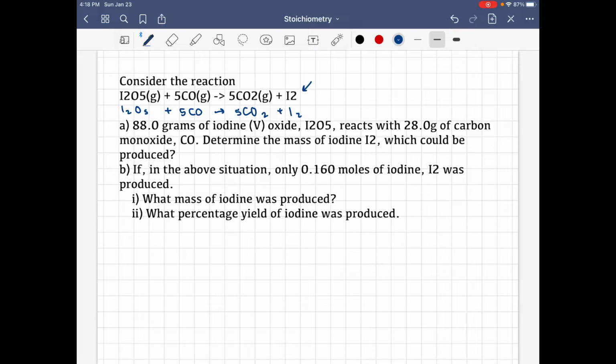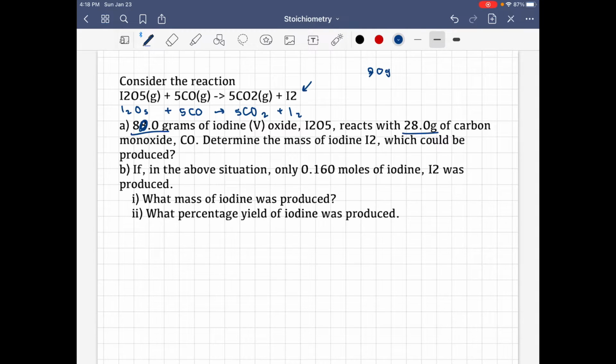So let's find our limiting reactant by first converting what we have, 88 grams of this and 28 grams of this, into moles, so we can compare it with the ratio. So, 88 grams, oh hold on, this is 80.